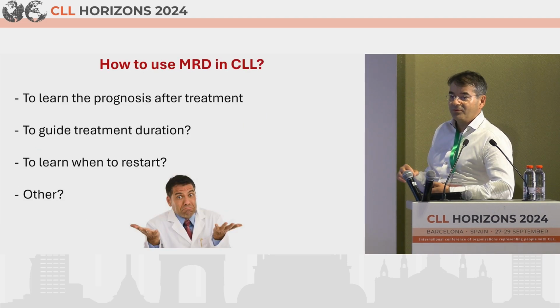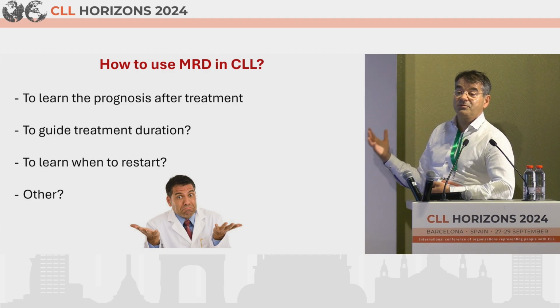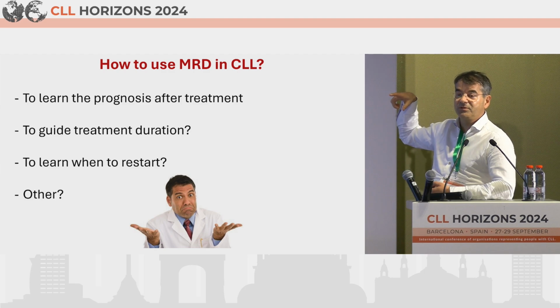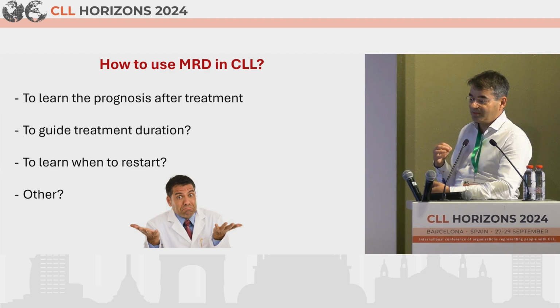With all that said, we now have a challenge, maybe it's more positive to say. We think we have something: we know we can reliably measure one leukemia cell in 10,000 normal cells, that's called 10 to the minus 4. We can probably also go to 10 to the minus 5, and then what? What do we do with it?